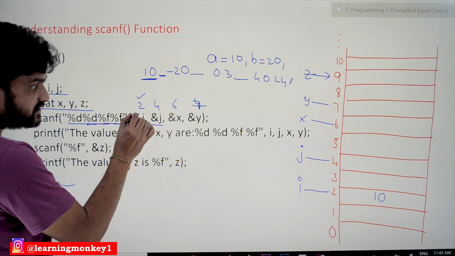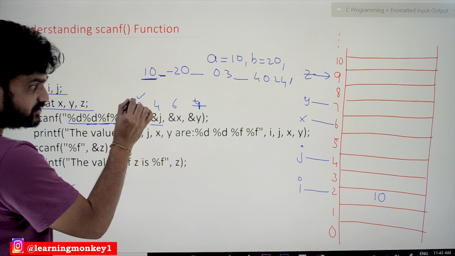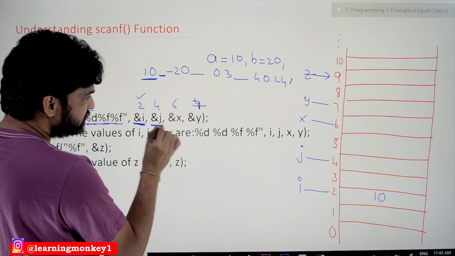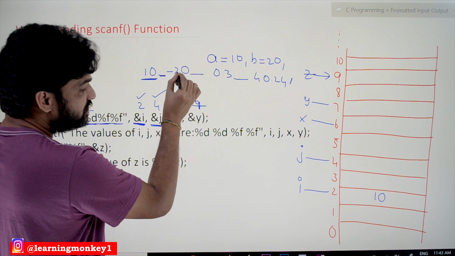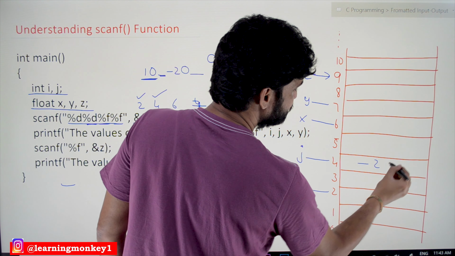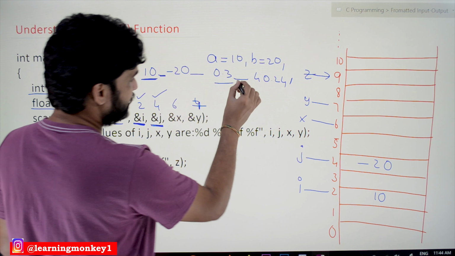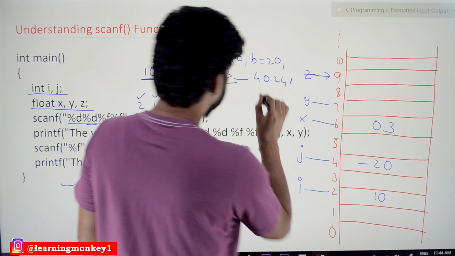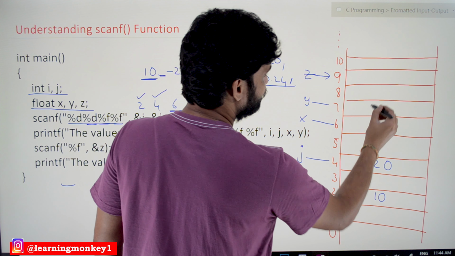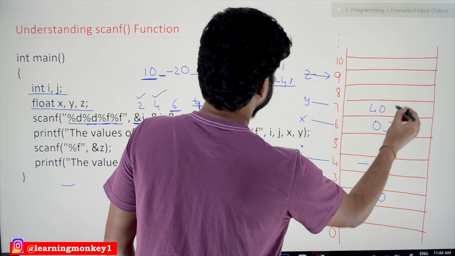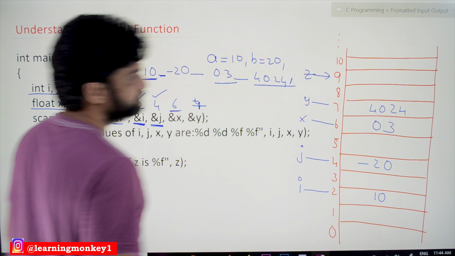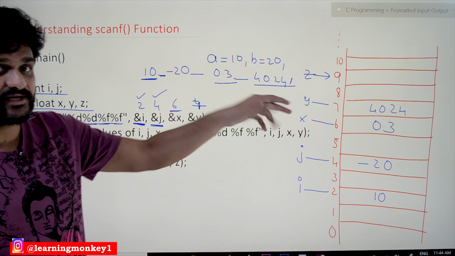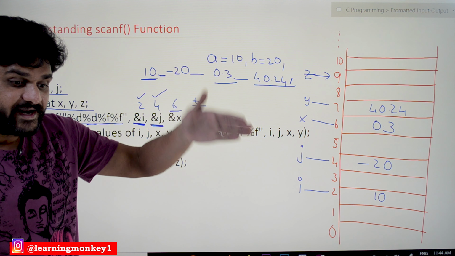At address location 2, this 10 has to be stored, at address location 4 this -20 has to be stored, similarly 0.3 will get stored in address location 6, and 40.24 will get stored in address location 7.